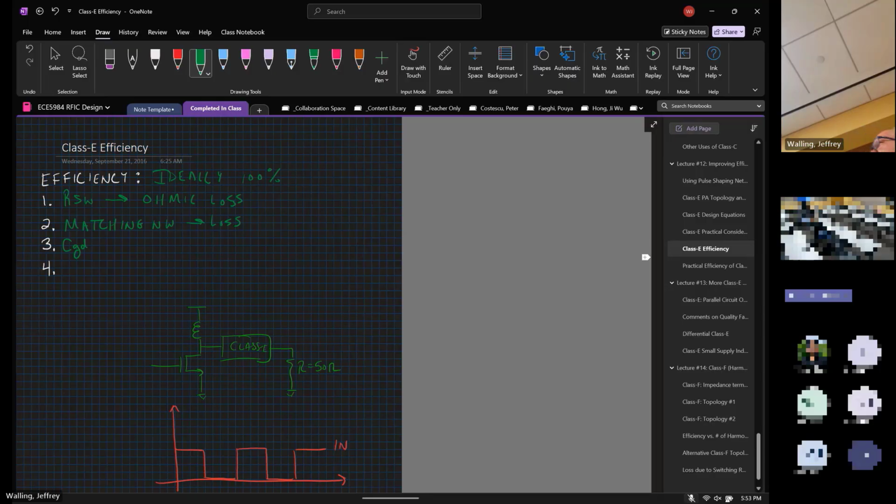Another form of loss that's maybe not as obvious: when we have a big power transistor, we have a lot of metal between the gate and the drain, so we actually have a fair bit of overlap capacitance. That overlap capacitance goes across the drain here. And remember, if we have a switching-like waveform happening at the gate, we can't change the voltage across the capacitor instantaneously.